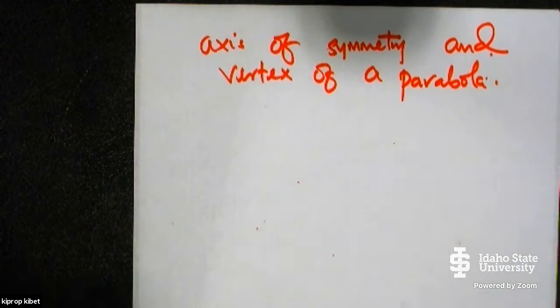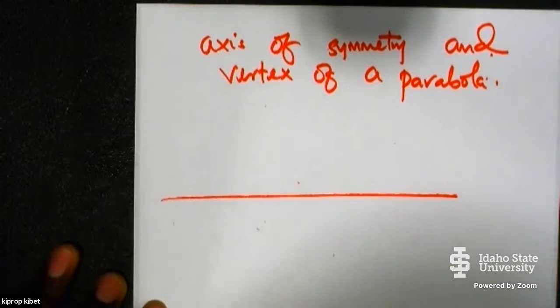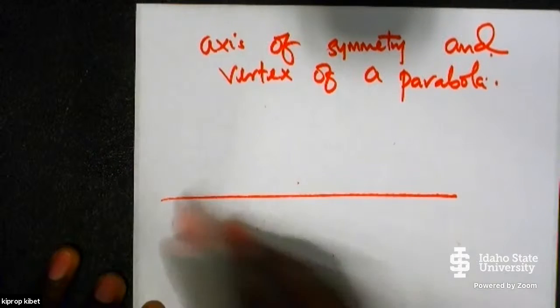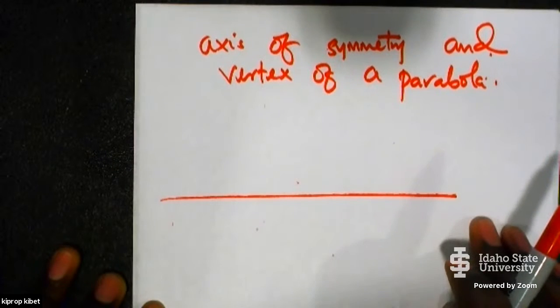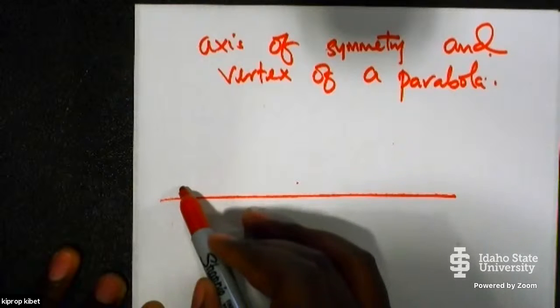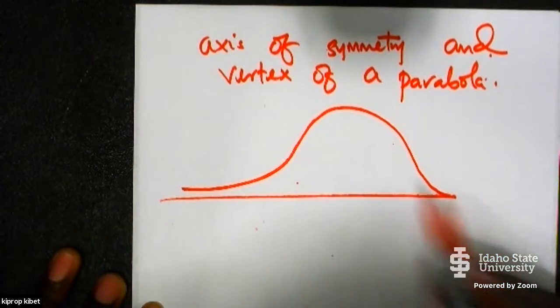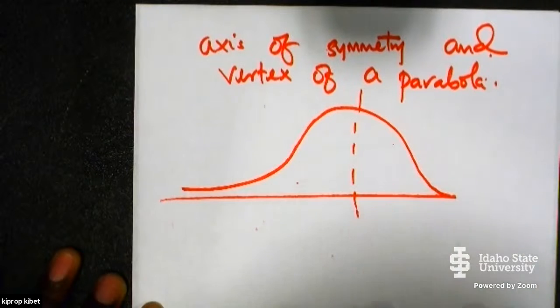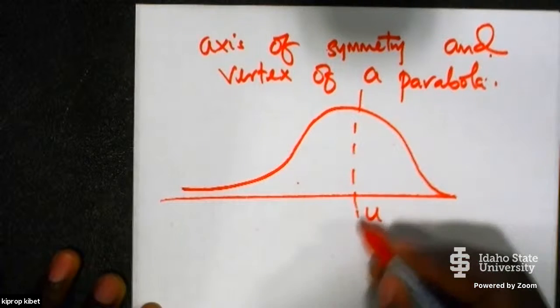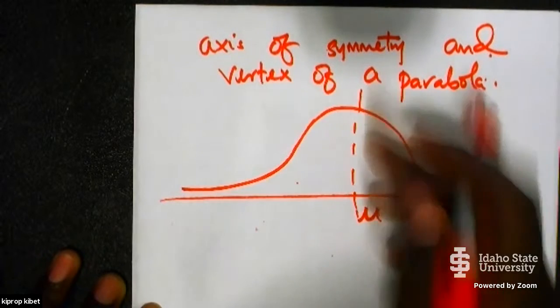So when we talk of symmetry, I think you've done statistics, right? At some point, maybe you've done statistics. When you have a line like this in statistics, like that, you remember this? And then this one was mu. This one was the mean, right?